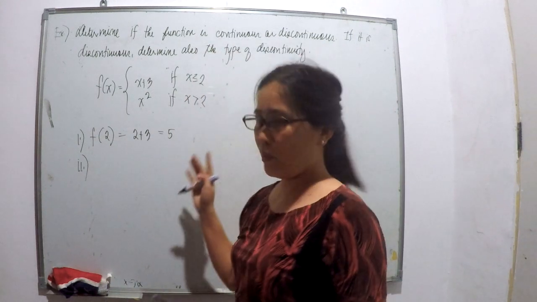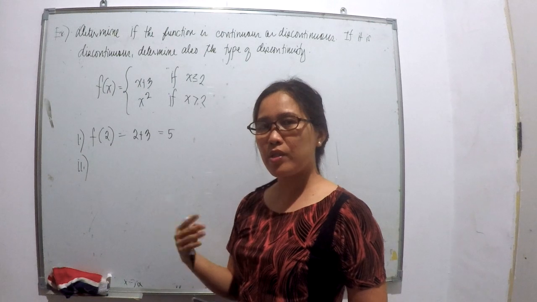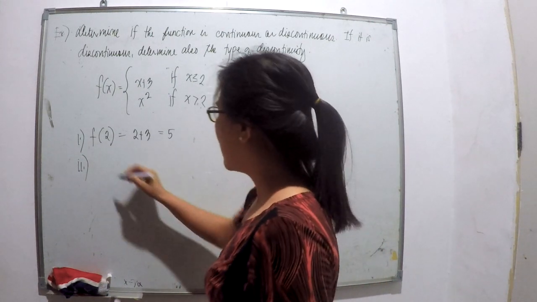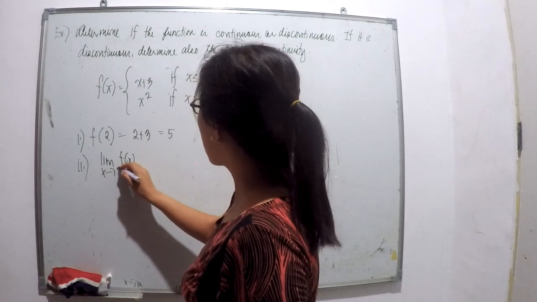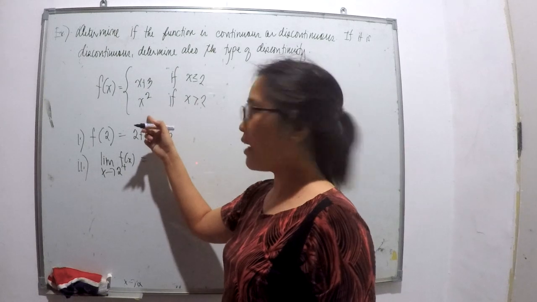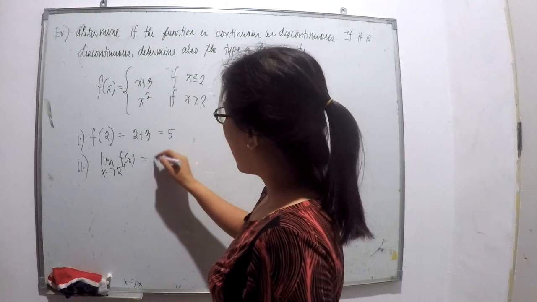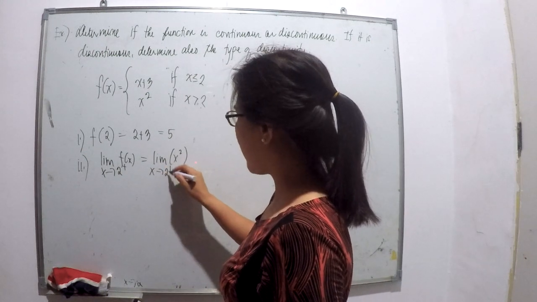Since this is a piecewise defined function, we consider the left and the right hand limit. Limit of f of x as x approaches 2 from the right: from the right, we consider this expression, the limit of x squared as x approaches 2 from the right.